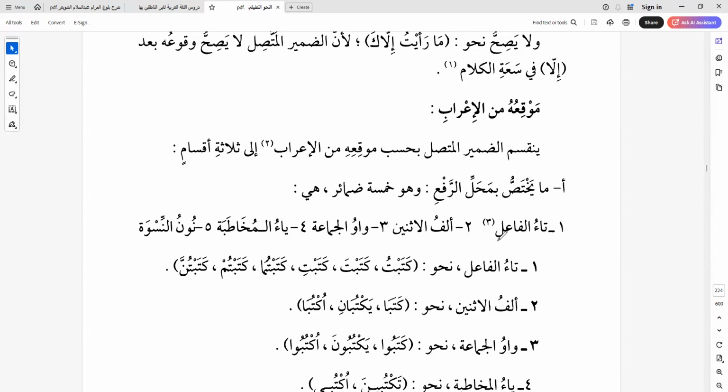We have التاء الفاعل. Ta, the subjective ta. Fa'il means the subject. The subject ta. And then we have alif ithnain, alif of dual, waw al-jama'a, waw of plural, ya al-mukhataba, right?